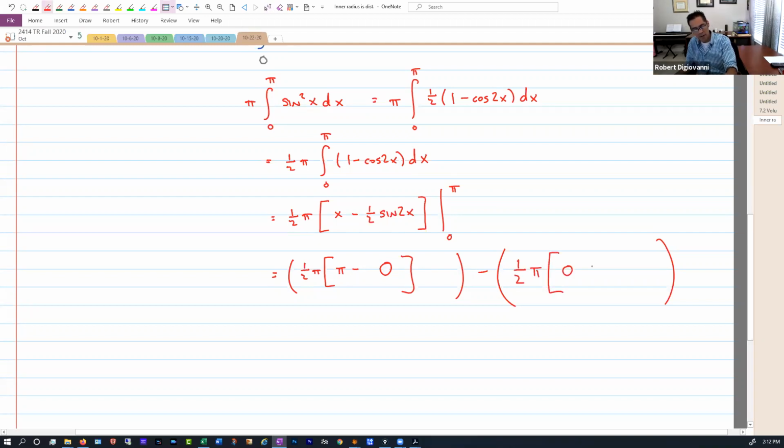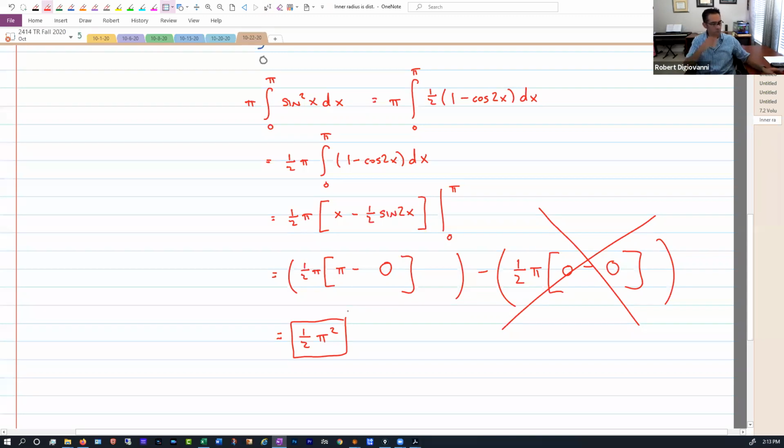Plug in 0 for x. Now again, plug 0 in here. 2 times 0 is 0, sine of 0 is 0, so that whole thing is gone. And you just get 1/2 pi squared. It's a strange value, but that's what it is.